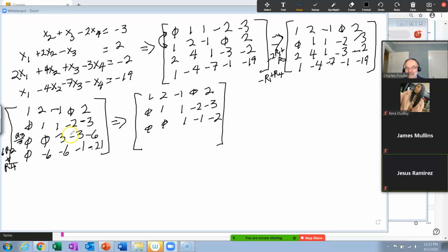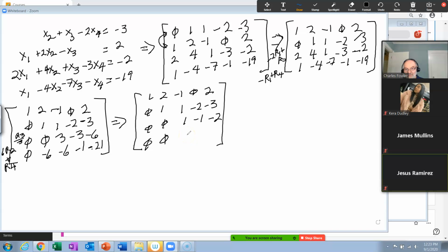Okay. Now we're going to do what we just said to do. 6 times row 1, that is a 1, plus, no, 6 times row 2. 6 times row 2 would be 6 times 0 is 0 plus 0 is 0. 6 times 1 is 6 minus 6.